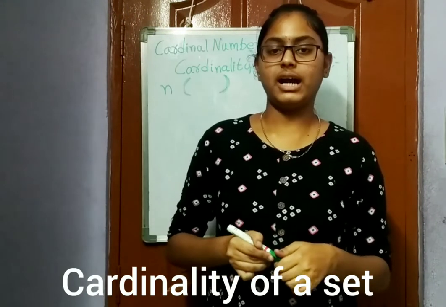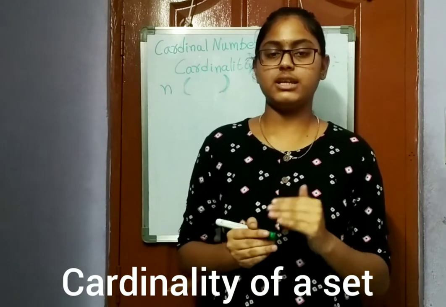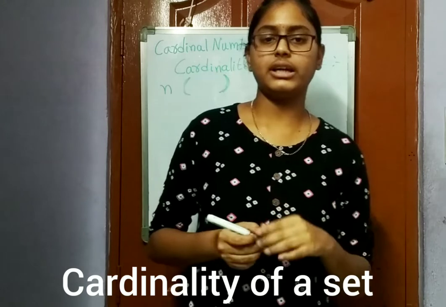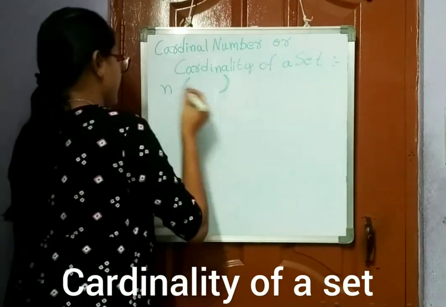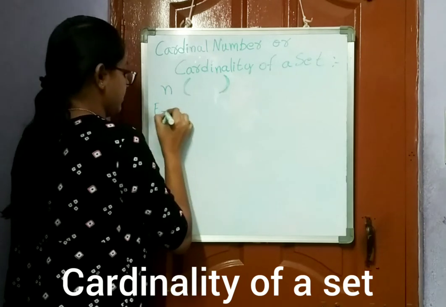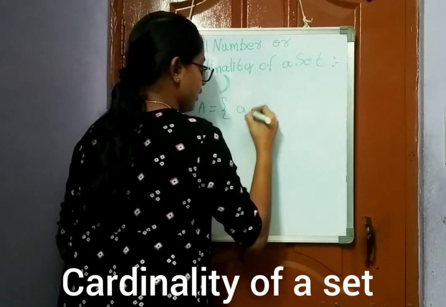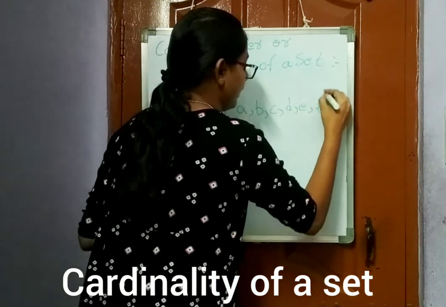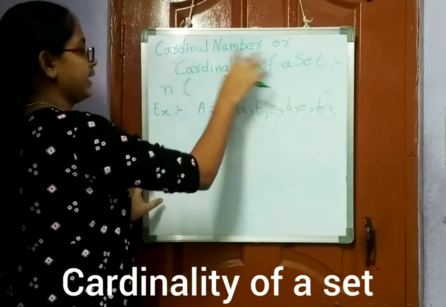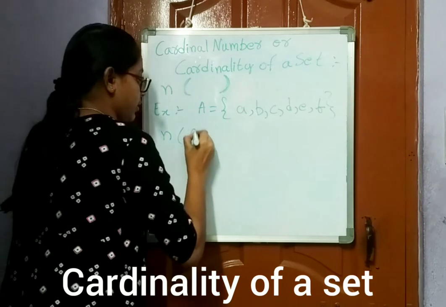Cardinal number or cardinality of a set. The number of elements in a given set is called the cardinal number or cardinality of the set. Let's take an example and see. Let's take A as A, B, C, D, E and F. The cardinal number or cardinality of a set is denoted by n(A).